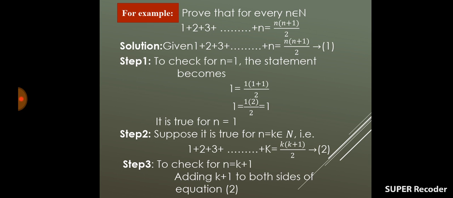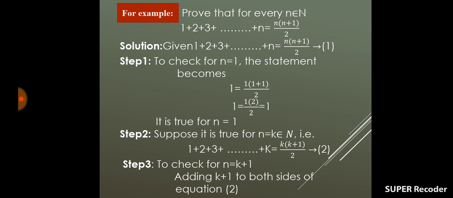We say 1 plus 2 plus 3 plus up to n equal to n times n plus 1 divided by 2 is equation number 1. Step number 1.